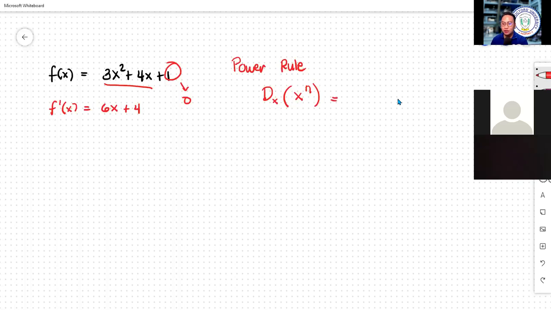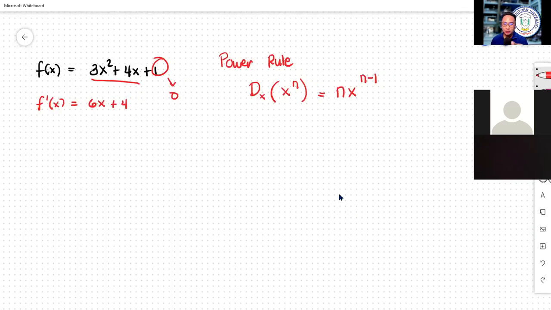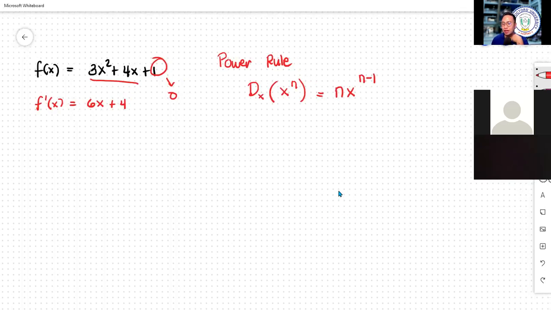This is going to be, bring down n, you do x, and then you do n minus 1. And that's how easy it is to apply the power rule. Now, let's talk about the product rule.